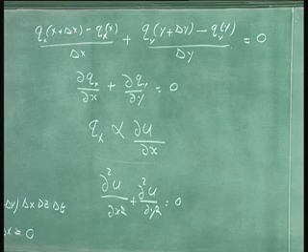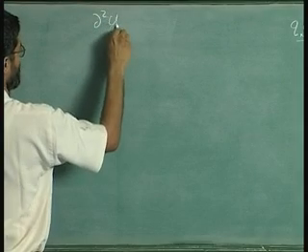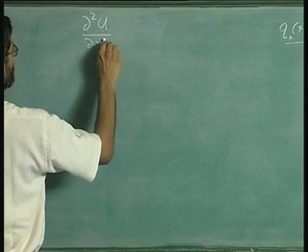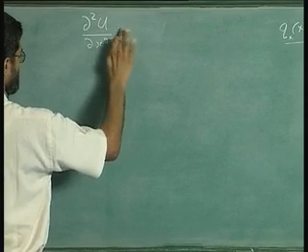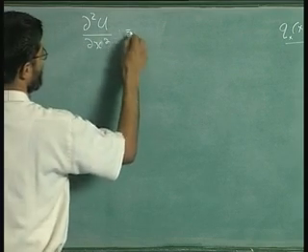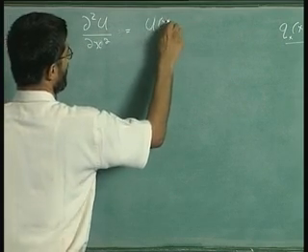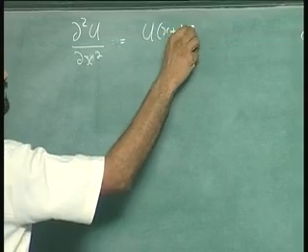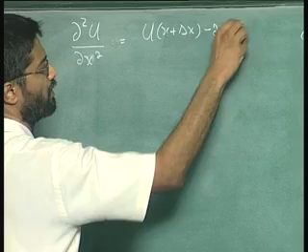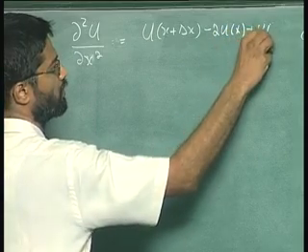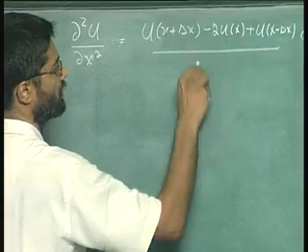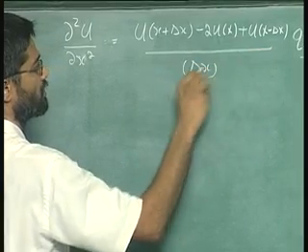So when you want to write an equation of this type, del squared u by del x squared, we will replace this particular term by writing it as u(x plus delta x) minus 2u(x) plus u(x minus delta x), divided by delta x squared.